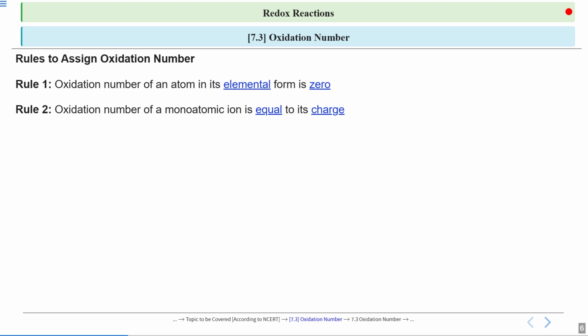Thus, if sodium is present as Na+, it has an oxidation number of +1. Mg2+ has an oxidation number of +2. Like aluminium, Al3+ would have an oxidation number of +3.